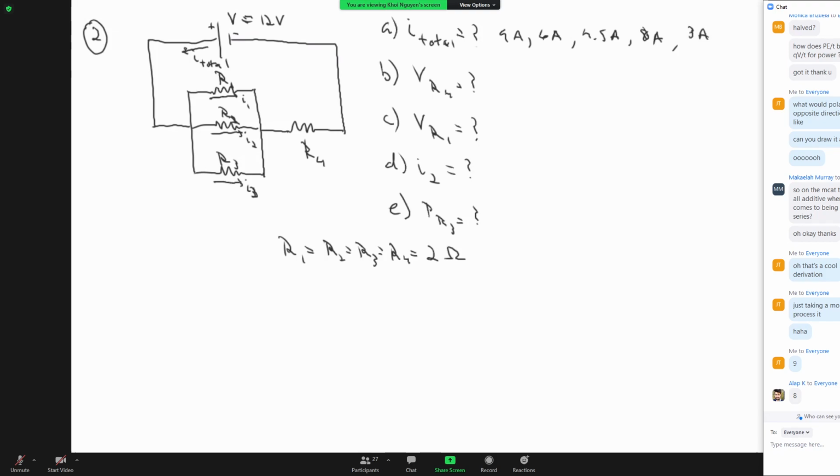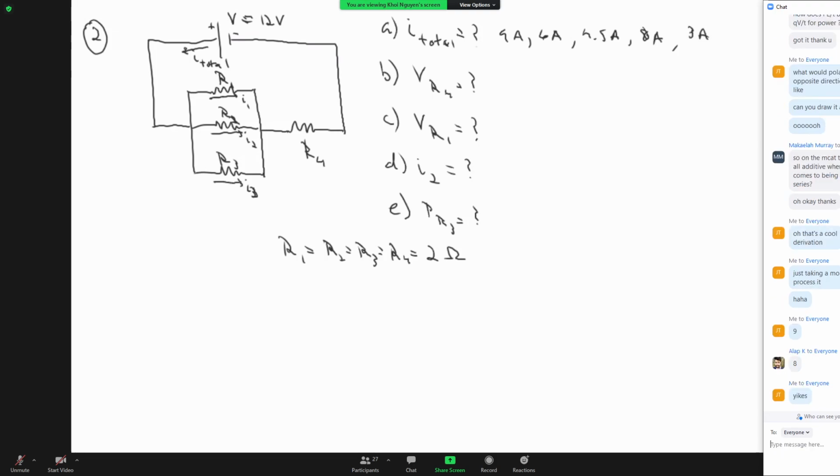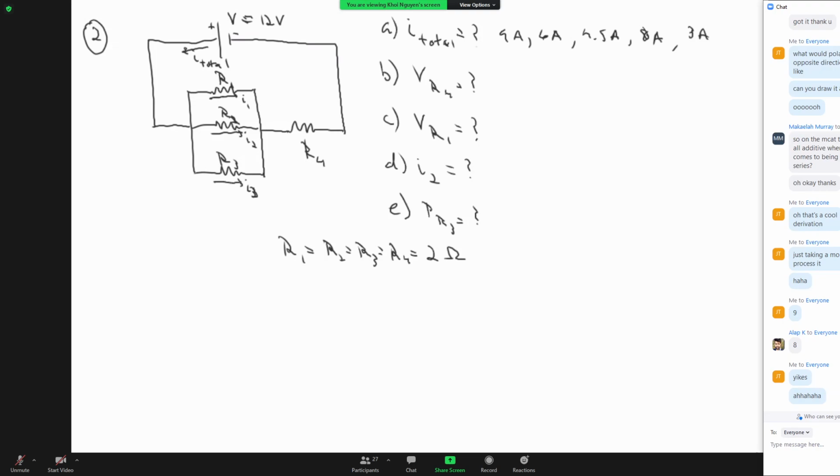I think that's good enough for A, B, C, D, E. Yes, anonymous. Voltage across R4. Given those amperages, should be 18 volts, 12 volts, 9 volts, 16 volts, and 6 volts, respectively.